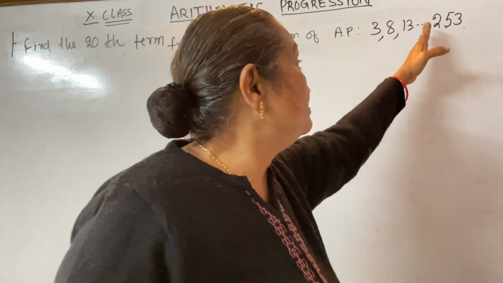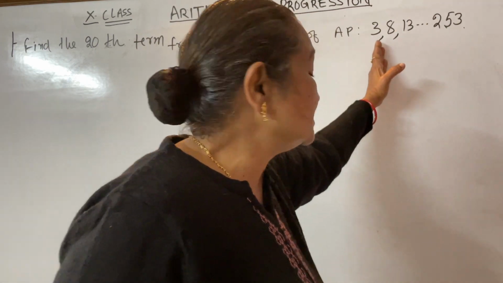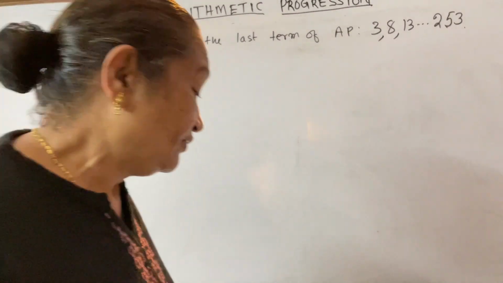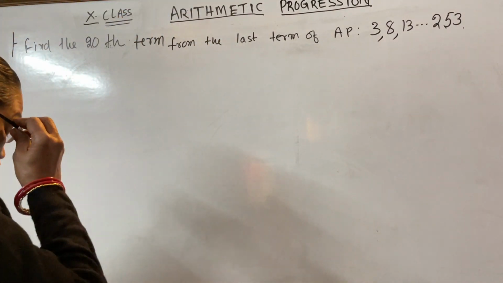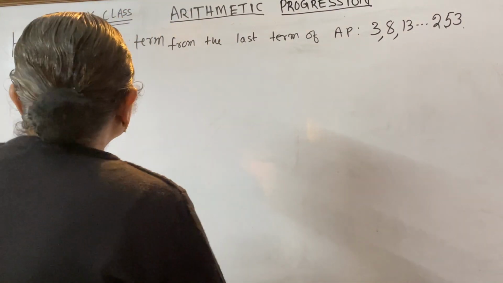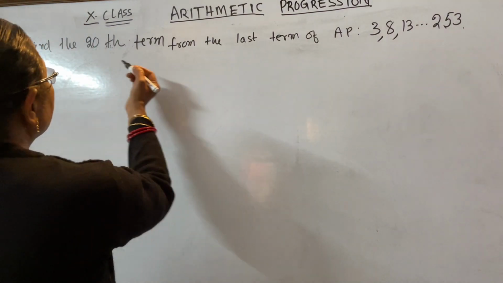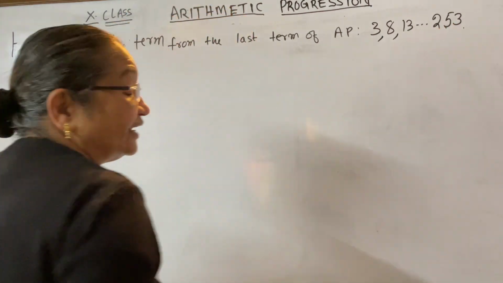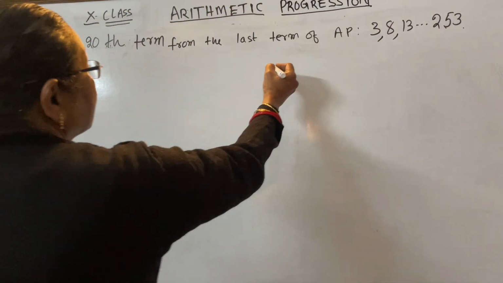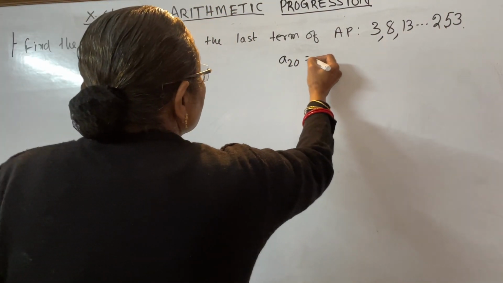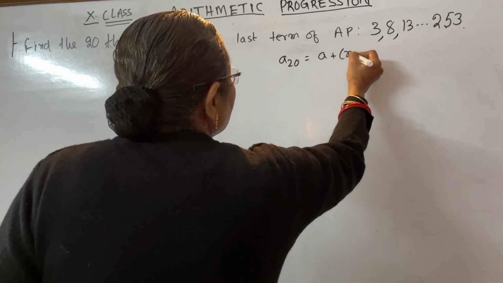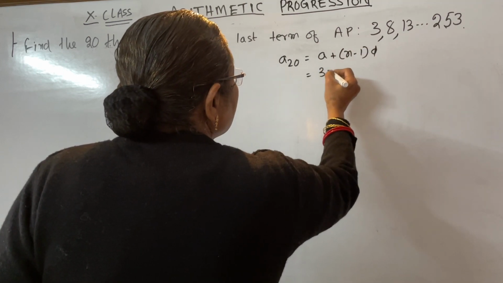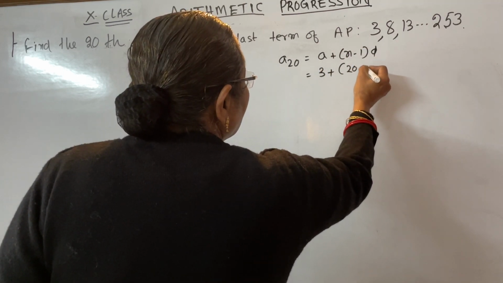Matlab, that means before what is the number, before that what is the term, like that you have to find the 20th term. For that there is one easy formula. You see, suppose if I say from this side, from 3, you find the last term. 20th term means A20 equals A plus (n minus 1) into D. A is 3, n is 20, minus 1.